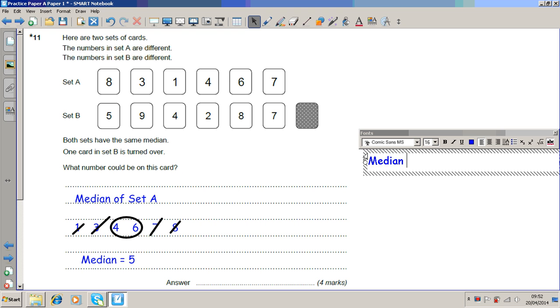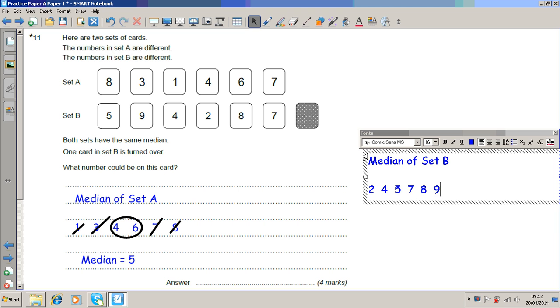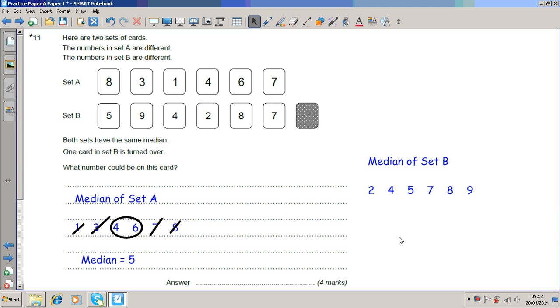So now we do set B. Well, we put them in order. We've got ourselves 2, 4, 5, 7, 8, 9. Those are numbers, but then there's another one that we don't yet know.